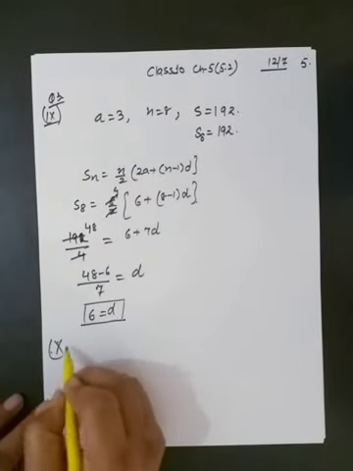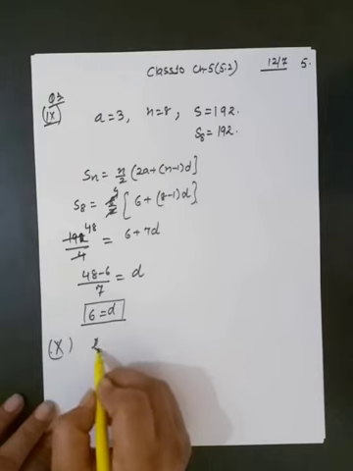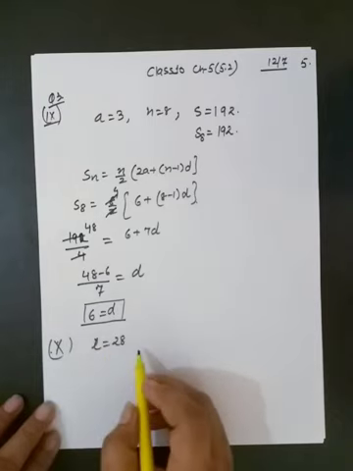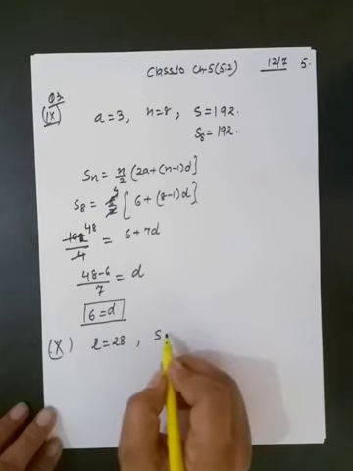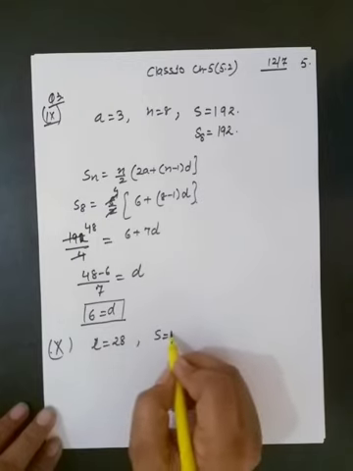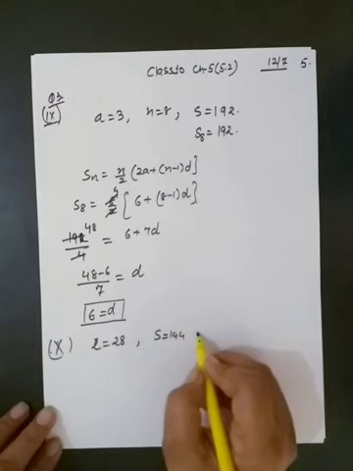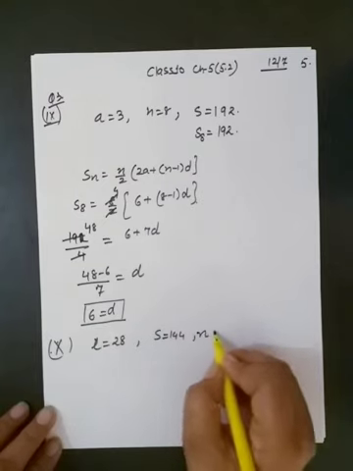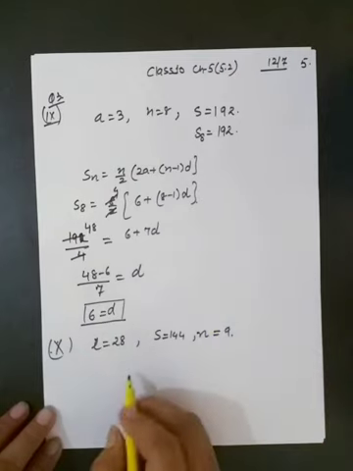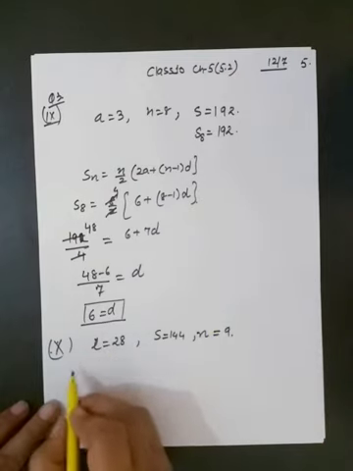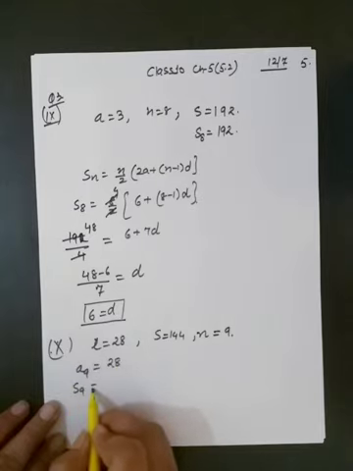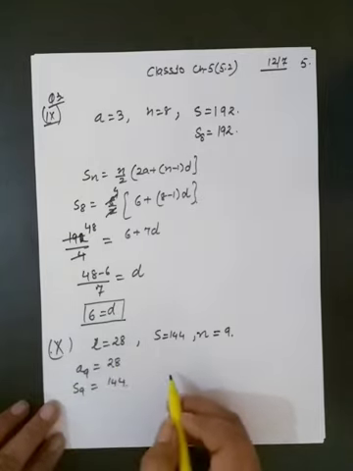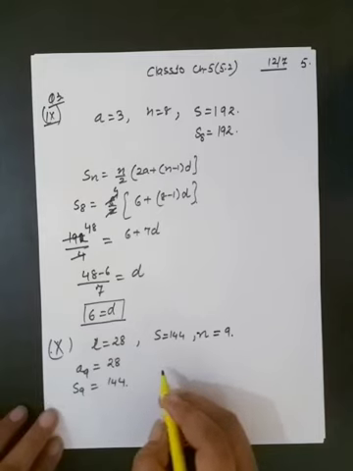Now part number 10. L is 28. L means an is 28. S is 144 and there are total nine terms, so n is 9. Therefore the last term is given, meaning A9 is 28 and S9 is 144. We can solve it very easily.